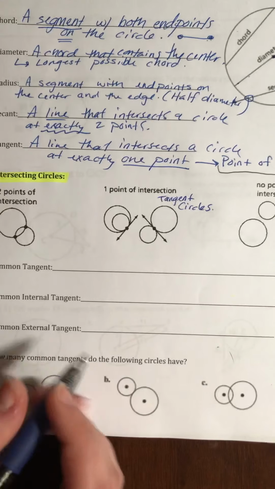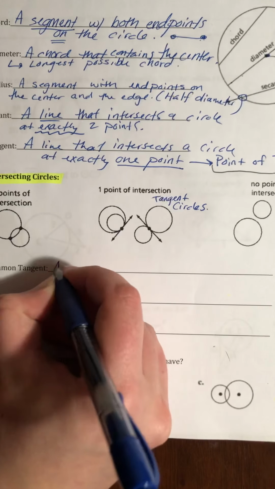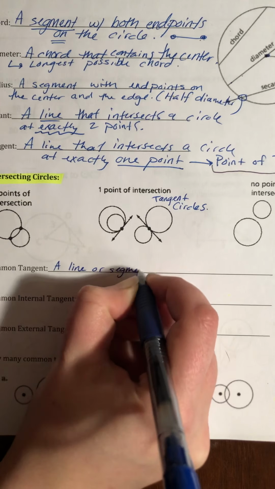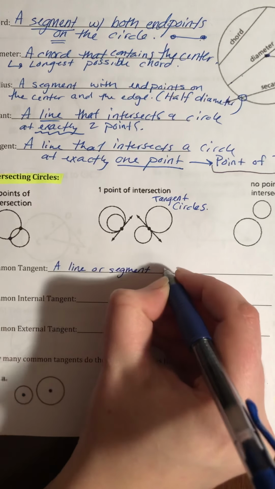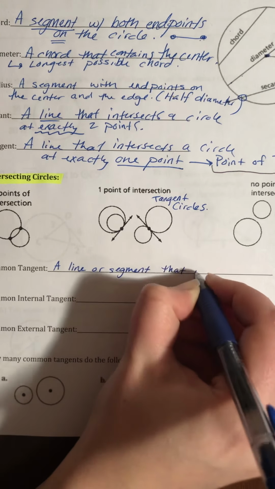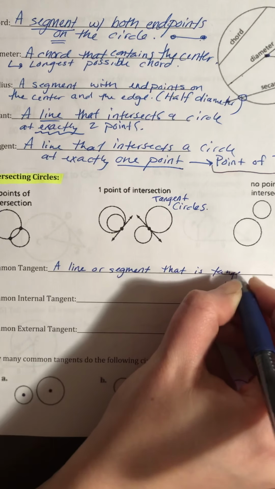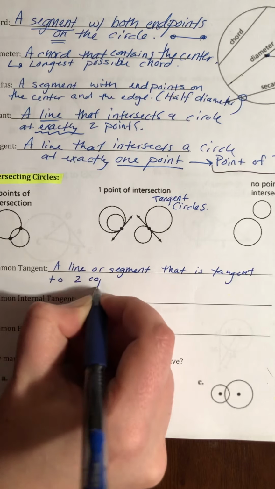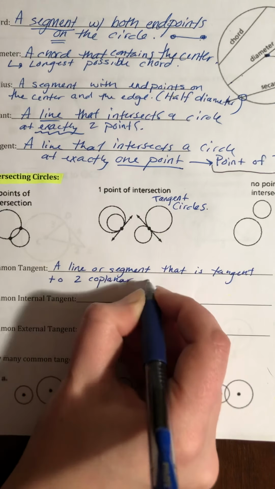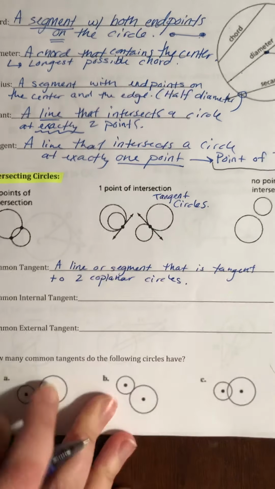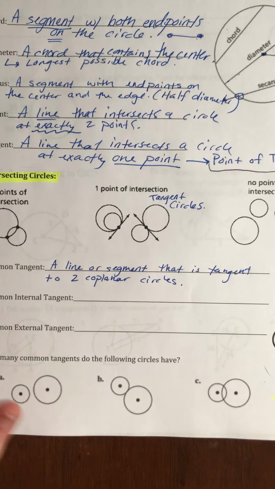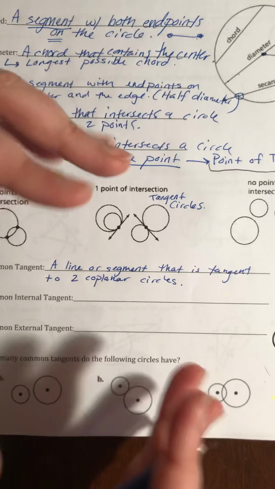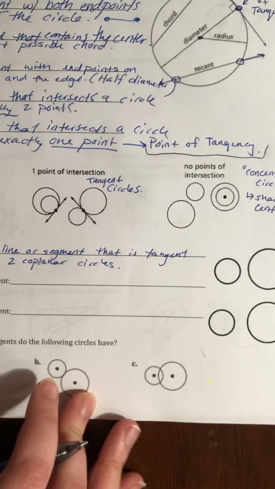So a common tangent is a line or segment that is tangent to two coplanar circles. We haven't talked about coplanar in a while. If you remember, that just means you're on the same plane. This whole chapter is going to be coplanar. We're not going to talk about 3 dimensions.